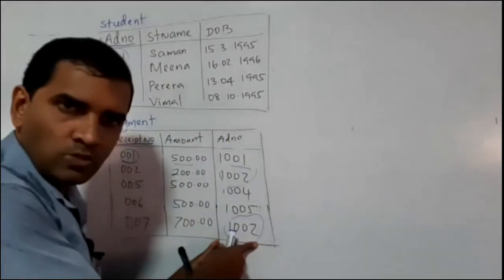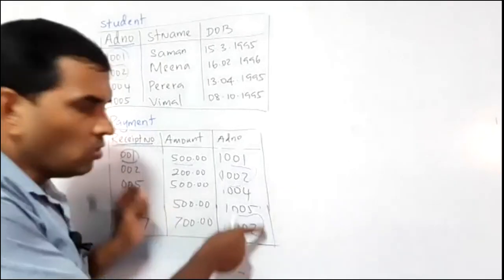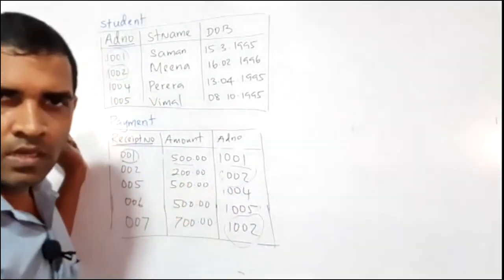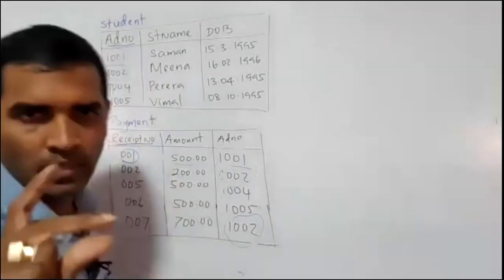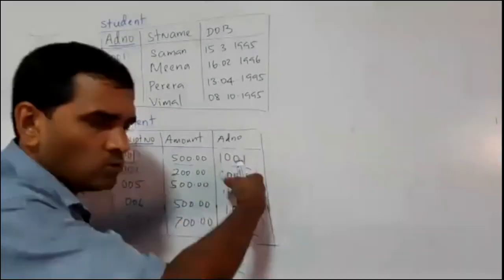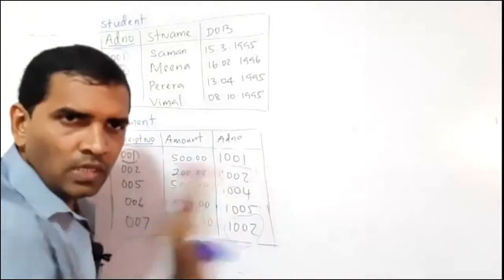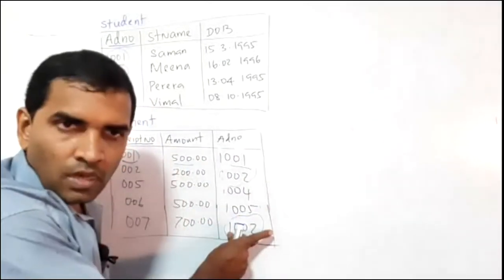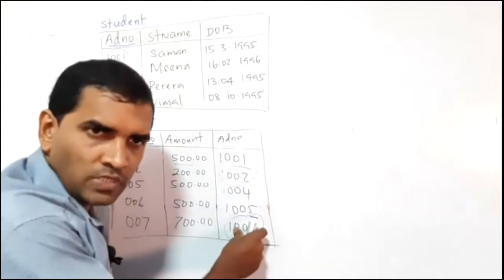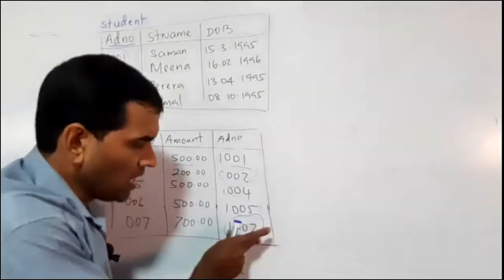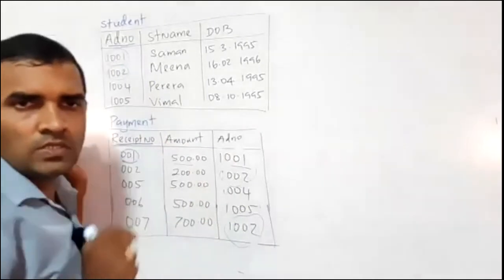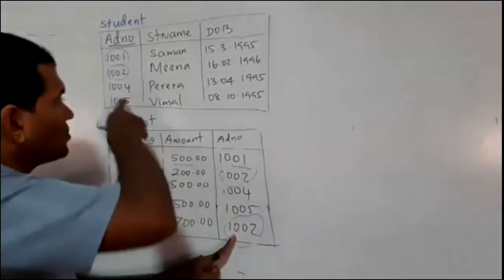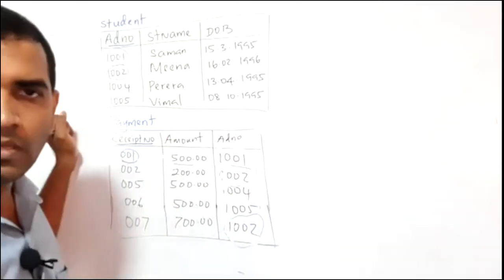Right, last data. I take 1002. Don't think that because 1002 was entered twice, that is the thing. You have to check every data, even though 1002 is checked already. Now I take a data there and I must check how many times that 1002 was entered in the first table. I take a data here, and this data has only one similar data in the first table.